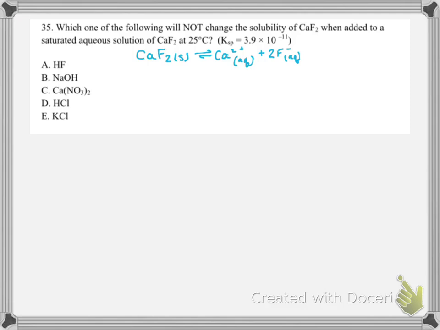So if we add in HF, we would sort of be adding in a small amount of H plus and F minus. Okay. So if we're adding an F minus, we're going to be adding in more of a product, which would cause our reaction to shift to the left. Okay. So that would cause a decrease in solubility. So that would change it.